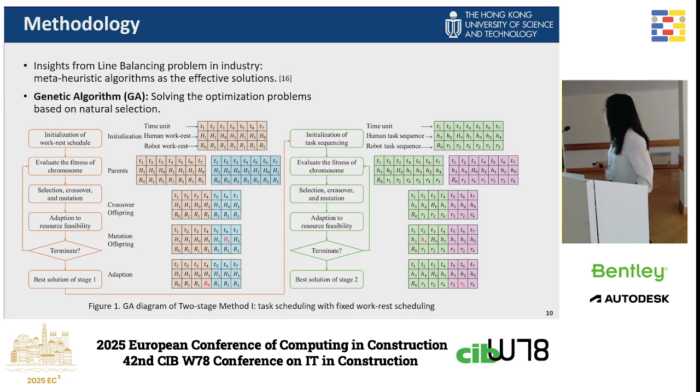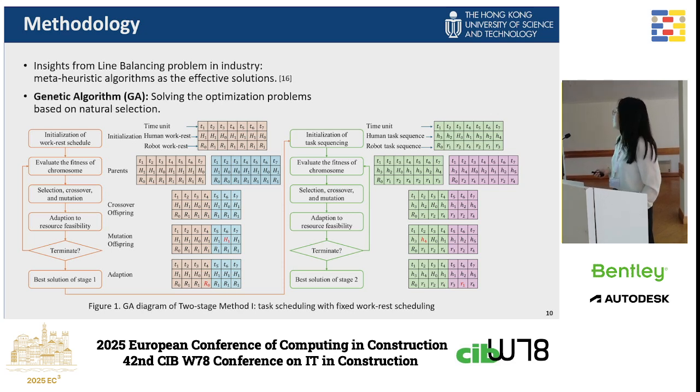This is the GA diagram, and it is also an example for the 2-stage method 1. The left part will try to find the optimal work-rest schedule, as we said before. For the right part, based on the best solution of stage 1, we will try to optimize the task sequencing.